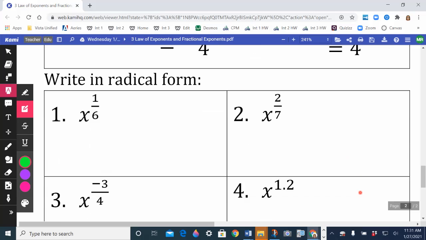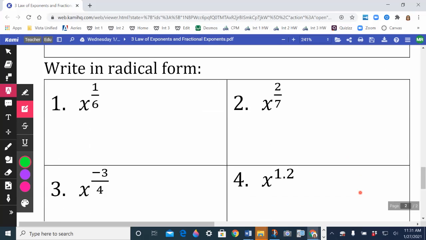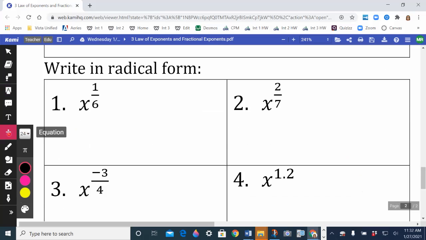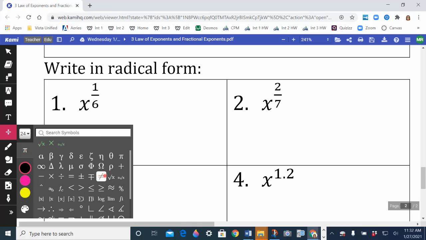So now we're going to write these in radical form. I'm going to show, for those who have not used the CAMI as much, who just joined our class, you can type math here. If I come to this equation button, I'll click a little text box here.